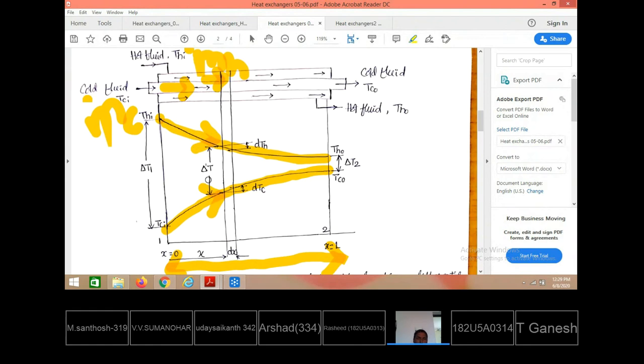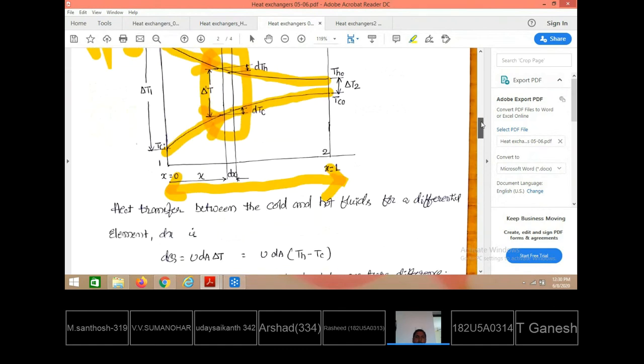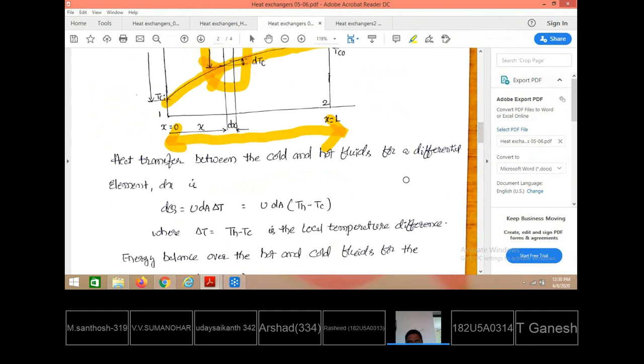Now at a specific distance x, in the total length L, with a thickness of dx, this is the heat exchanger area. Now I am concentrating on an elemental length of the heat exchanger. Over that elemental length, the amount of heat transferred is also an elemental quantity.